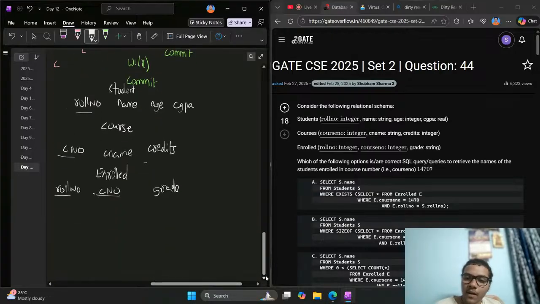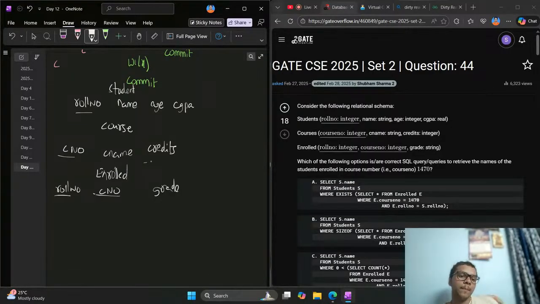So select names of students who enrolled in course number 1470. Select name from student S where exists select from enrolled E where E dot course number is equal to 1470 and E dot roll number is equal to S dot roll number.